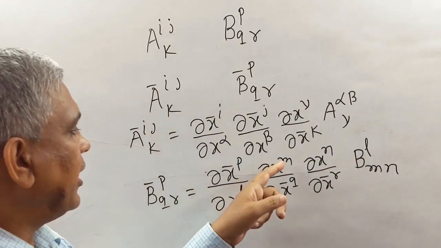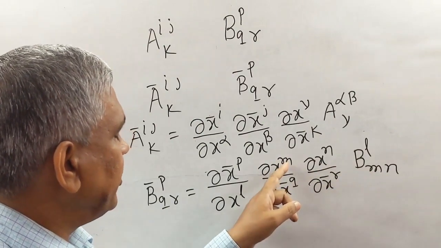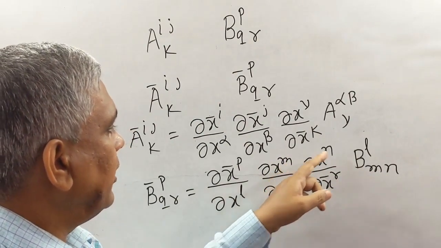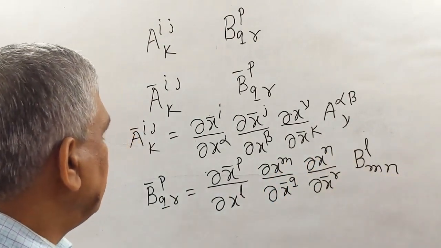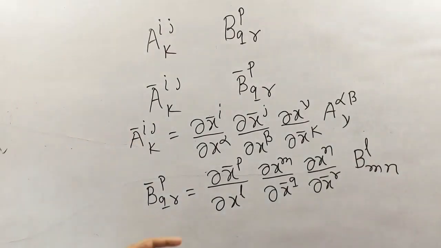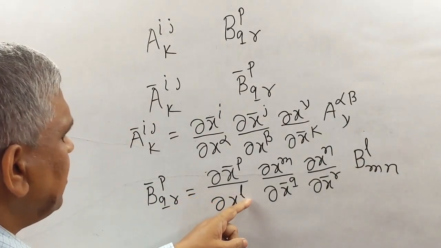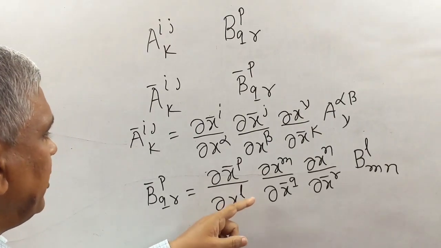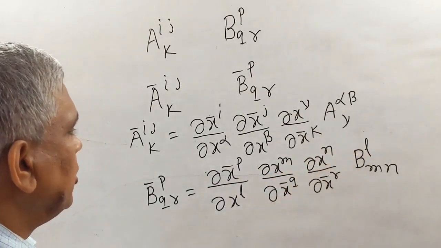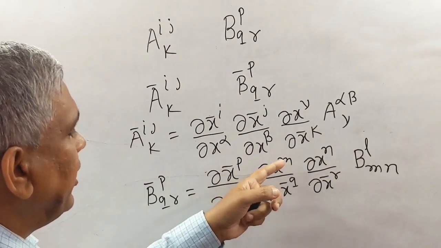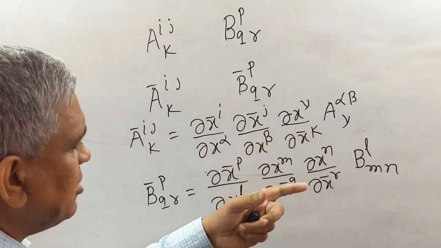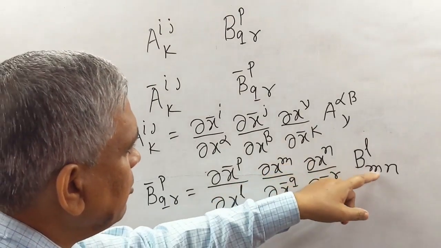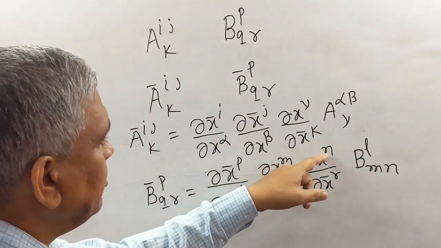Similarly, we have taken m and n as dummy suffixes. So in place of m we may write any other suffix, which will appear here and here also, and similarly here.